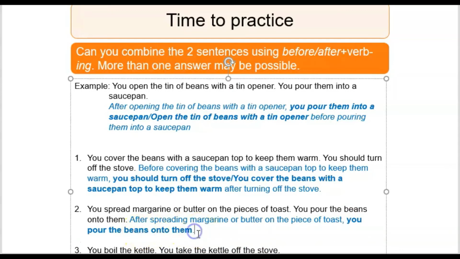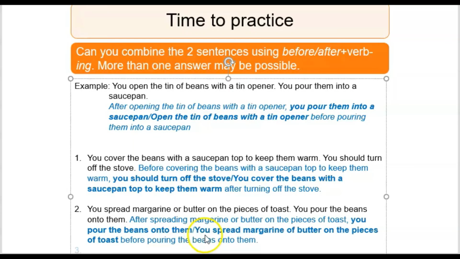Okay, or an alternative could be, right, you spread margarine or butter on the piece of toast. You spread margarine or butter on the pieces of toast before pouring the beans onto them. Okay, so then the emphasis is that you spread margarine or butter on the pieces of toast.